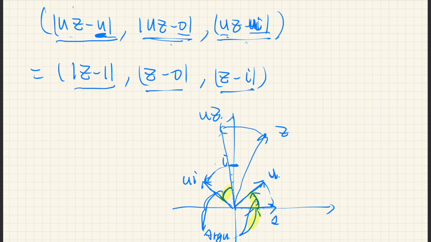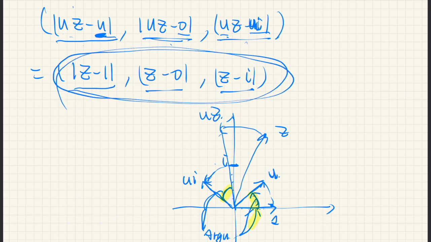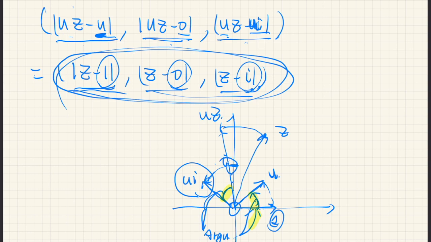Since from the beginning we know that z is the only point that has these distances from the respective points, then if 1, I and 0 are transformed in this way, the only point that satisfies this distance constraint is the point obtained by rotating z by the same argument of u. There are no other points that can satisfy these constraints.